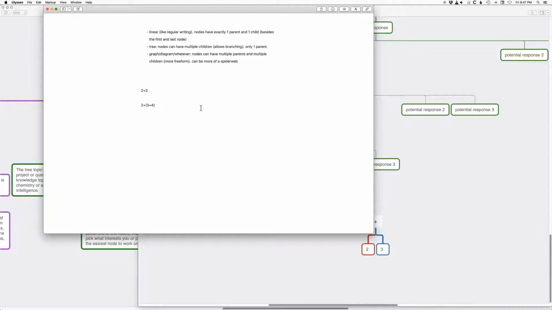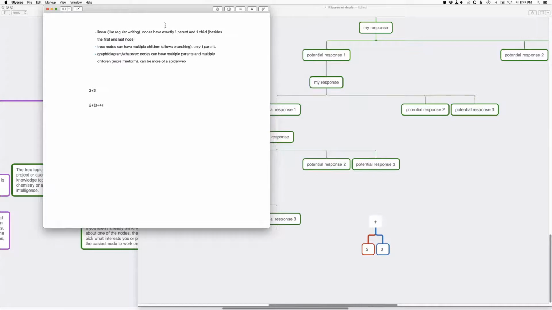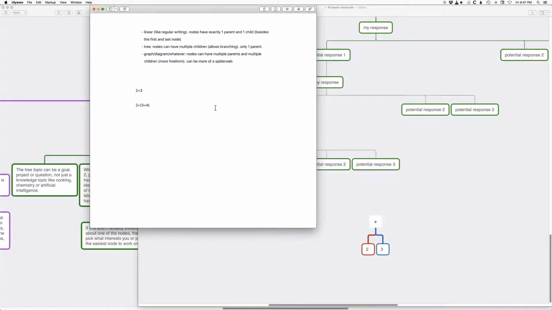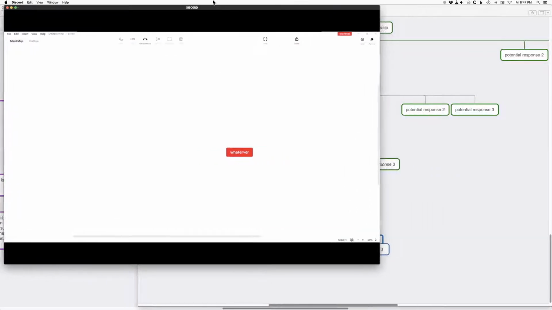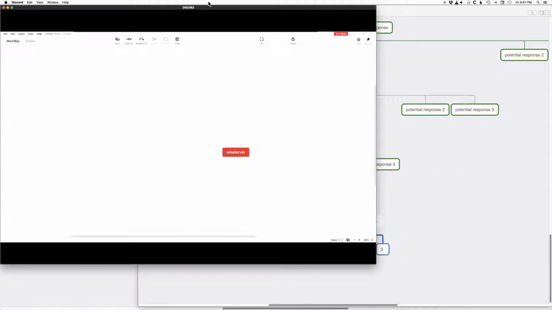So 2 plus 3 plus 4. Okay, so what we're doing there is also addition. First 2 plus 3.